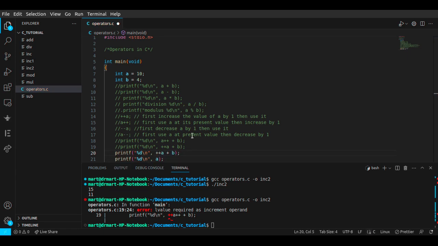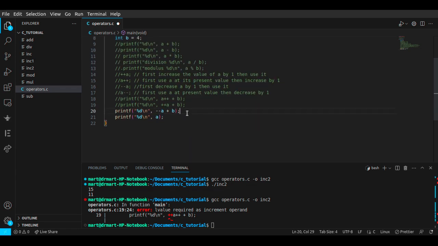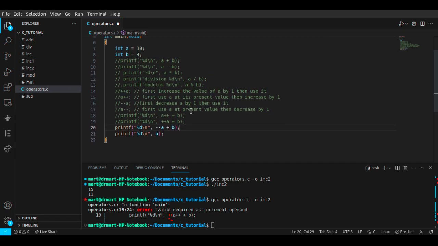Of course, remove this. So let's first try this. Minus minus A, right? Minus minus A. So I want you to also pause and take a look at this code. What do you think the output would be? Just pause the video and try to think of the output without running it yet. Then let's run it together.